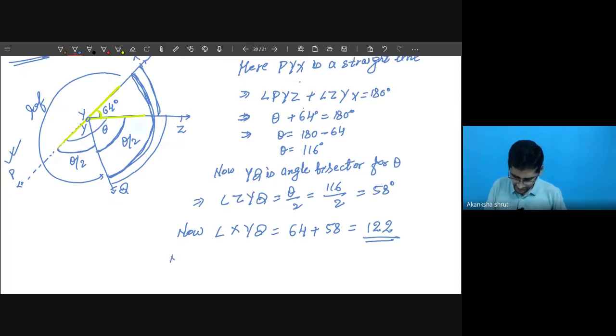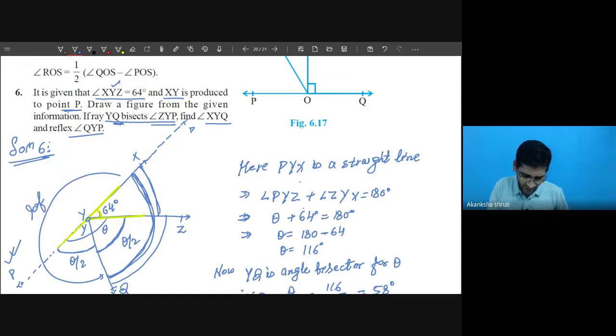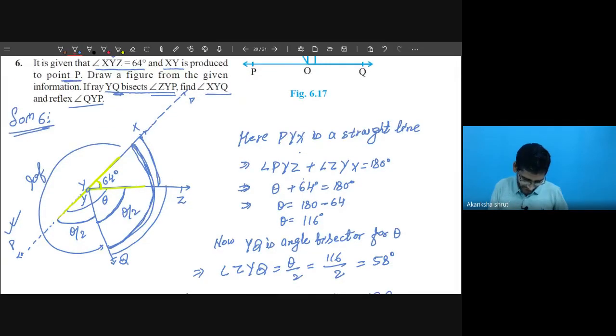Now another one asked is the reflex of angle QYP. Where is our QYP? Student, reflex is asked for something else. Reflex of this QYP. Student, just understand this once again. We need the reflex of QYP.